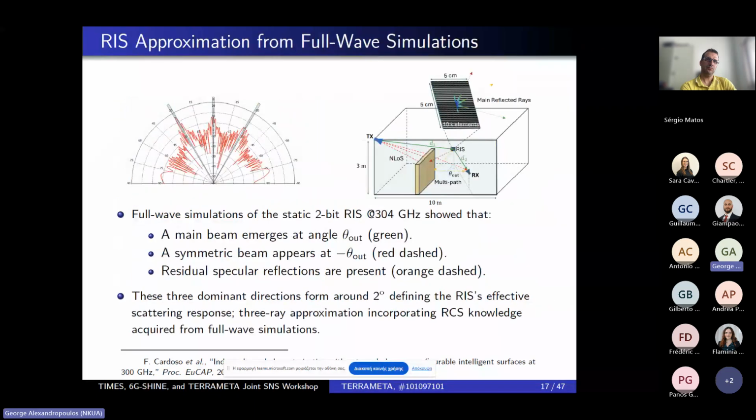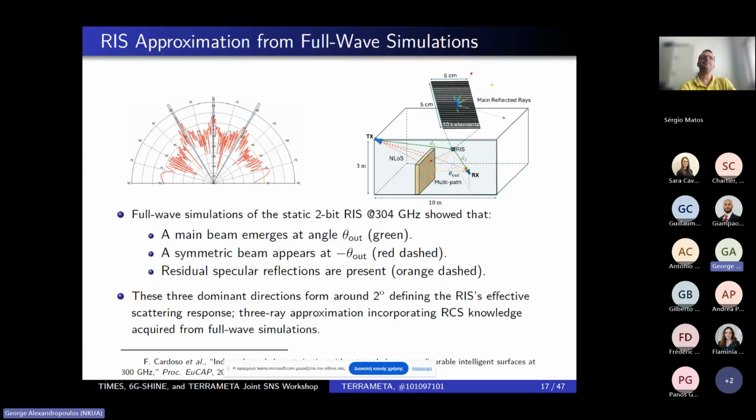Here you see actually some results from a full wave simulation of a static 2-bit RIS on the frequency that we have used also for the channel measurement. And we have seen that there is a main beam, as you see on the left, that emerges on the desired angle, this theta out there, which is in green on the right figure. There is also a beam that takes place at a symmetric direction, symmetric angle, this red dot that you see on the right, and the minus theta out.